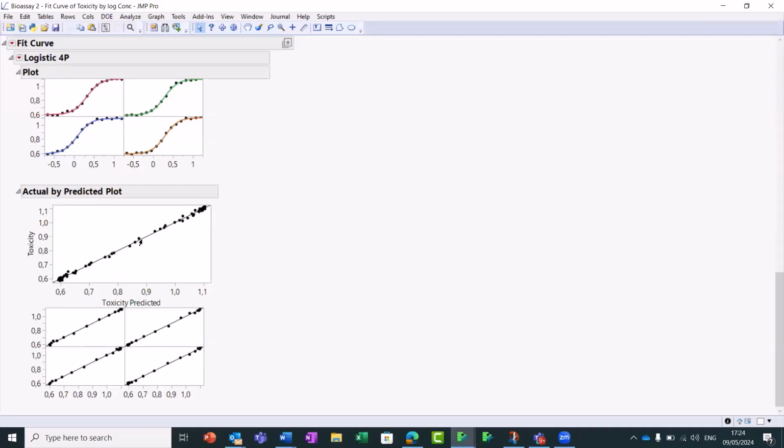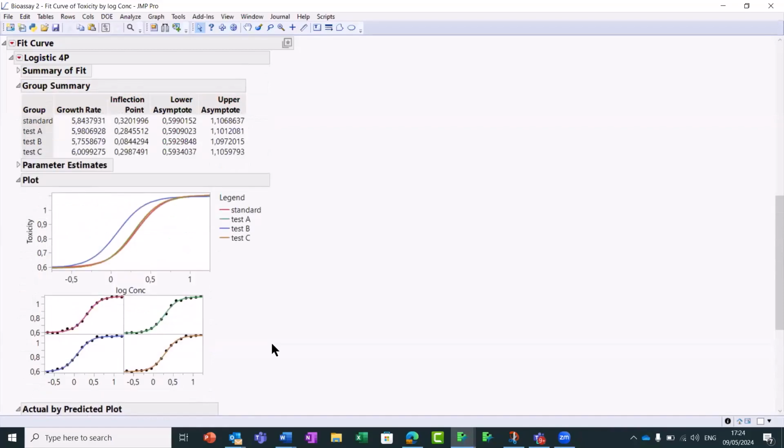If you have a model that is really perfect, all the points would match this 45-degree diagonal. Of course, we have a little bit of noise, but it's really okay. And we can see the overall model and then the model for the 4 different formulations.